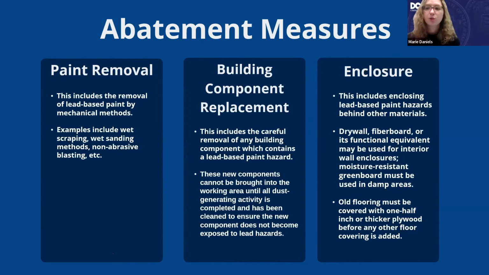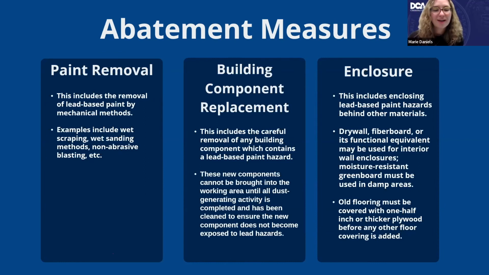And this is just to ensure that the material you're using cannot have the lead-based paint seep right back through to the surface, because of course that would negate the purpose of the enclosure. Similarly, if it's flooring that needs to be addressed, it does have to be covered with a 1/2 inch or thicker of plywood before anything else can be placed on top. And that's just, again, so the lead can't just absorb and seep back through the new component.